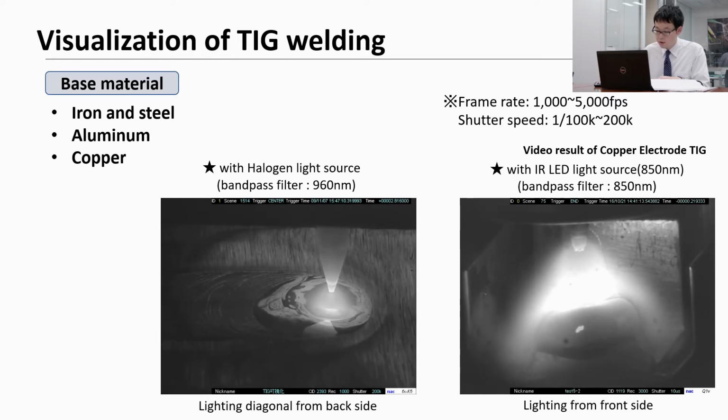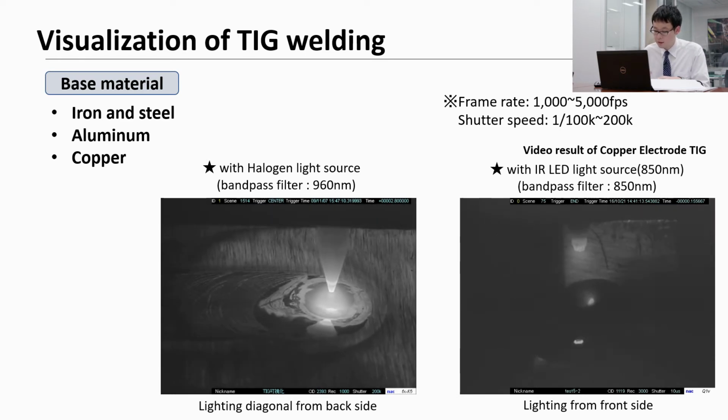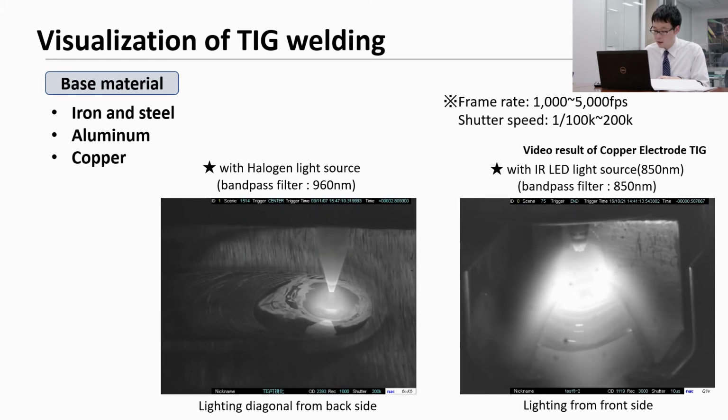We use a 960 nanometer bandpass filter because of the halogen light source. About the video on the right side, it shows the image when we shoot with an IR LED light source. We use an 850 nanometer bandpass filter because the wavelength of the IR LED light source is 850 nanometer.